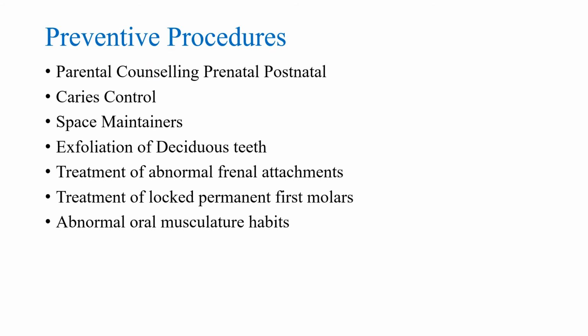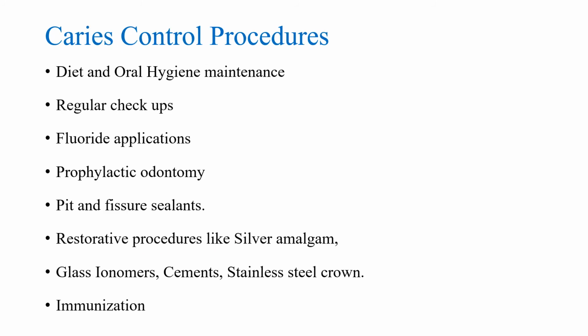Then preventive procedures. First is parental counseling, prenatal and postnatal. This is for the pedo patients. Then caries control, space maintenance, exfoliation of deciduous teeth, treatment of abnormal frenal attachments, treatment of locked permanent first molar, that is impacted first molar, and abnormal oral musculature habits.